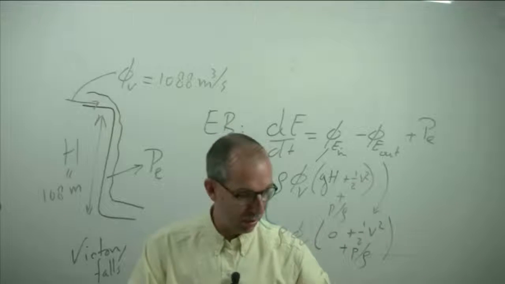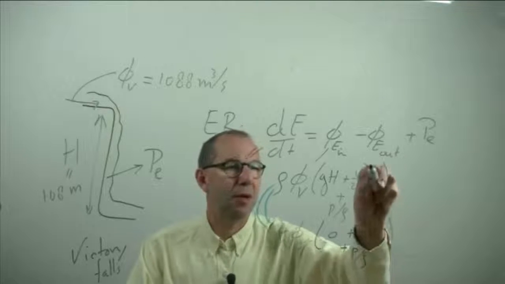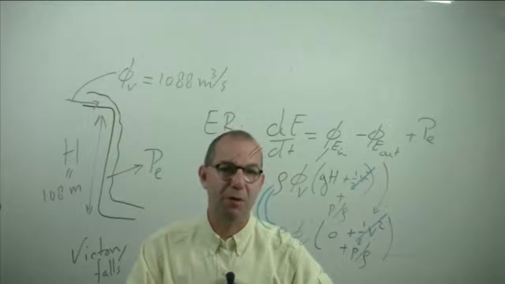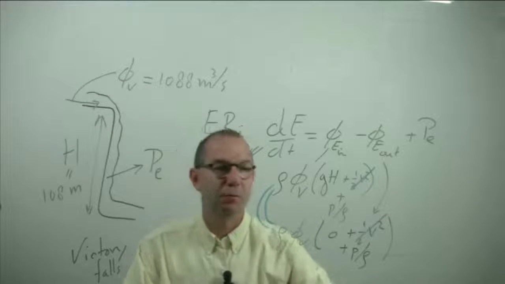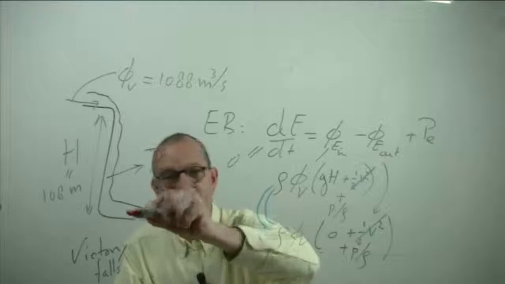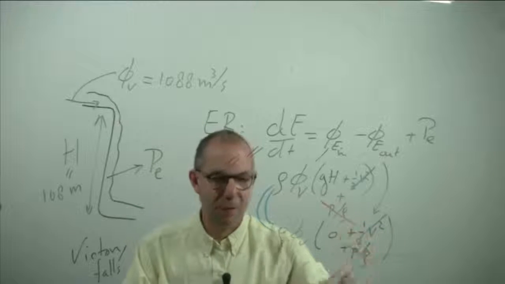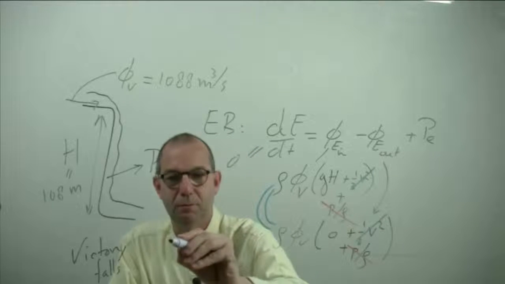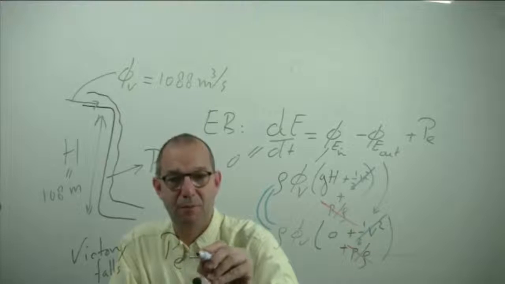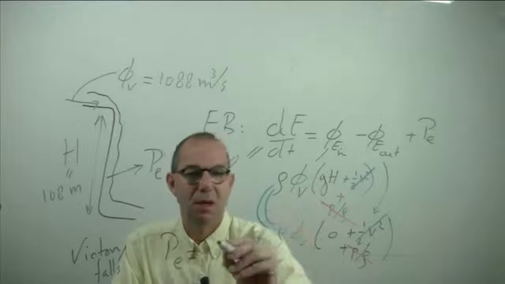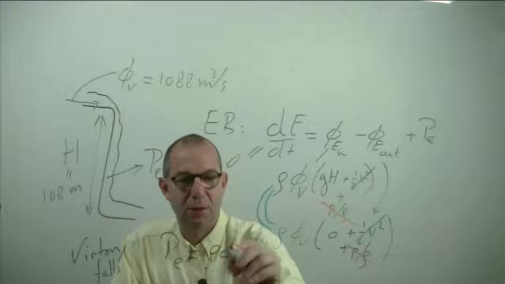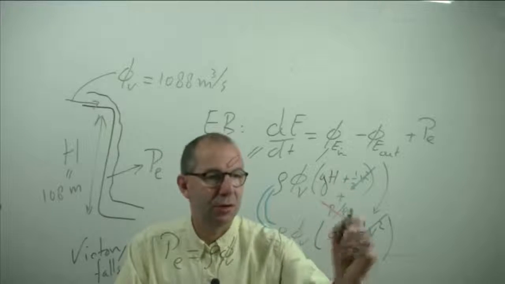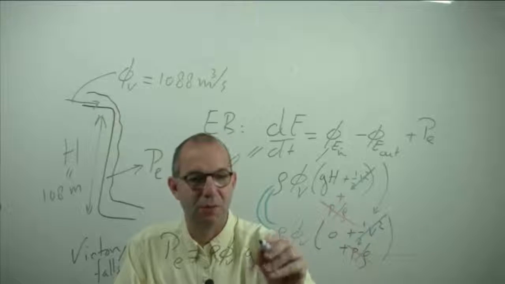This one, let me use another color, can be scratched out against that one. What about the pressure? Well, both are at atmospheric pressure. It's an open fall. So the pressure here is atmospheric, the pressure here is atmospheric, so these can be scratched out. And what I'm left with is that the production of energy that you could maximally get if everything is converted is the mass flow rate, which is the density of water times the volume flow rate, times the difference in potential energy, gh.